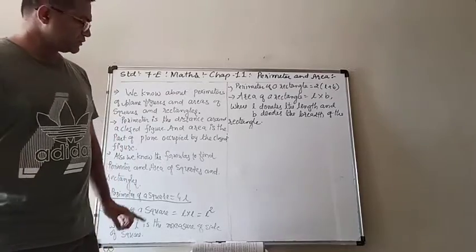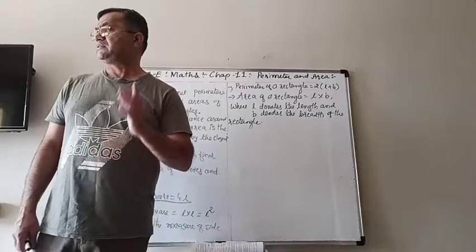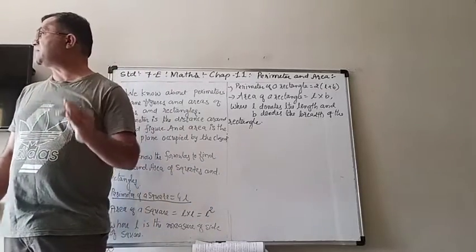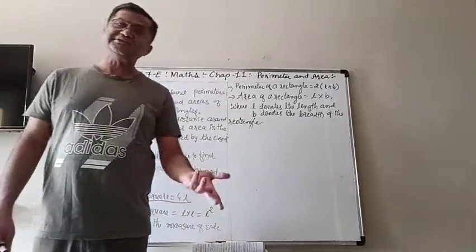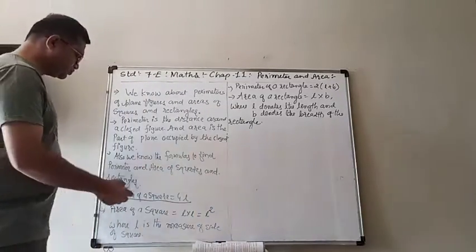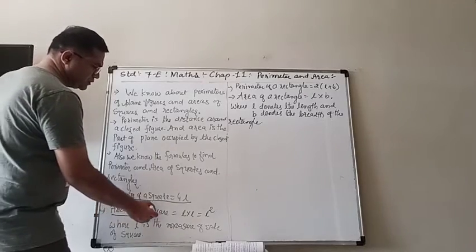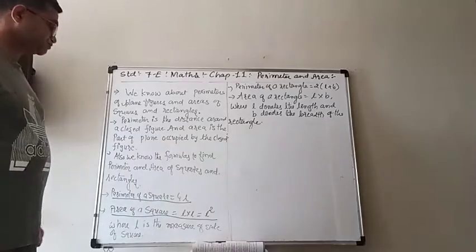Now, we also learned about the area of the square. The area of the square is side multiplied by side. Side is L, so we get the formula: area of a square is equal to L into L, or L squared.